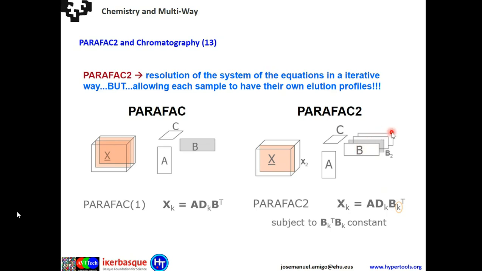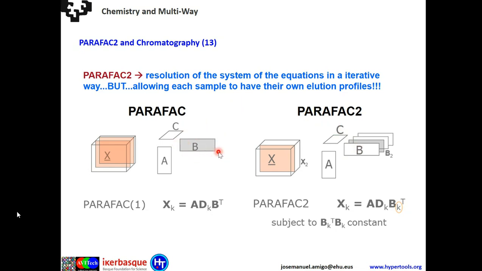Okay, so in that regard, the problems that may arise in your chromatographic data that are reflected in the elution profiles will be minimized or even solved because we will allow this mode to be more free than modeling only one of the profiles.